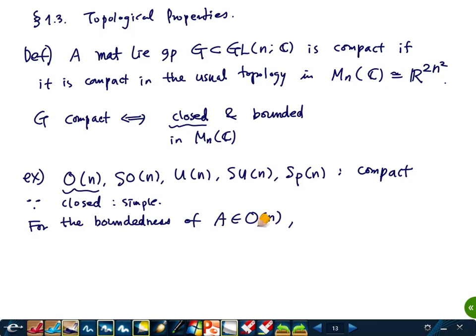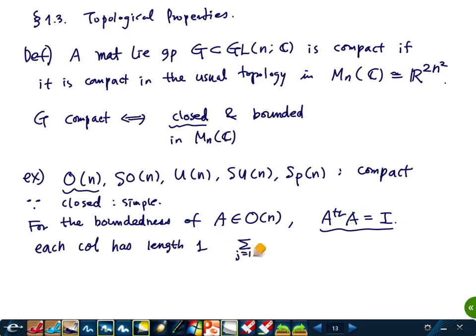If A is an orthogonal matrix, then A transpose A equals the identity. But this means each column has length 1. We can rewrite this as the sum over j from 1 to n of a_jk squared equals 1.